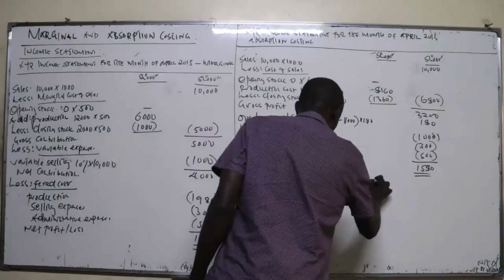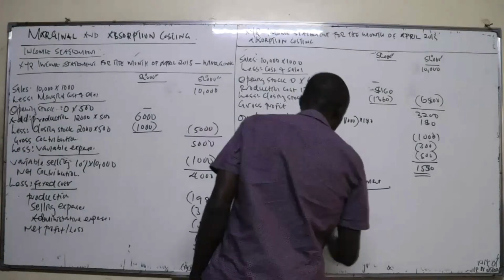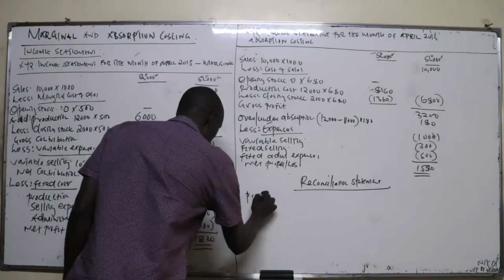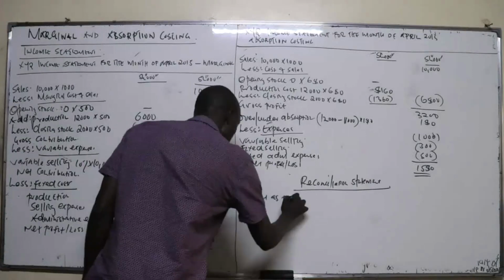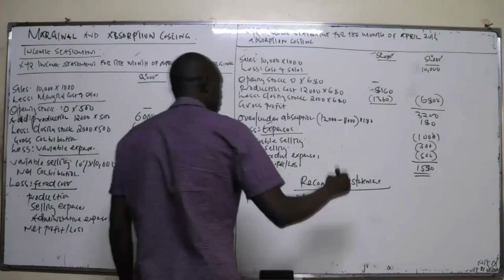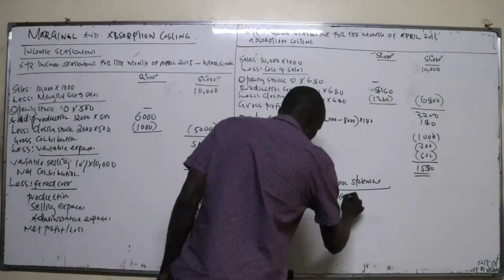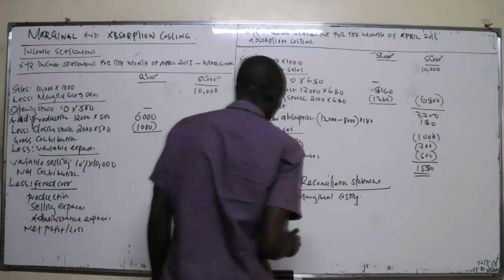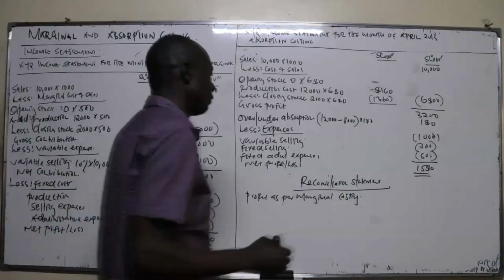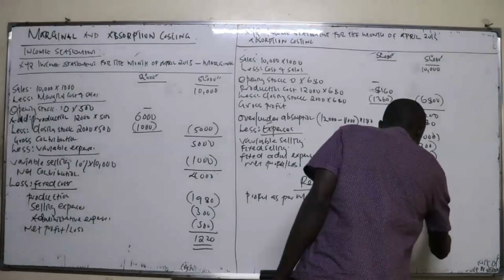So you can start with the profit as per marginal costing, which is 1220. Then here you add adjustment of stock.